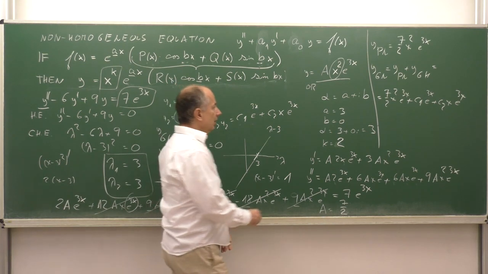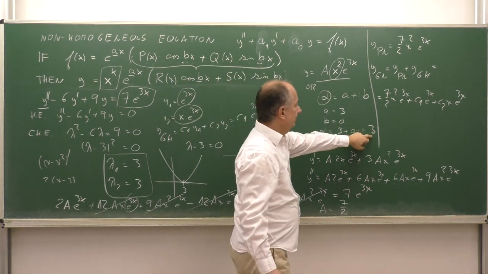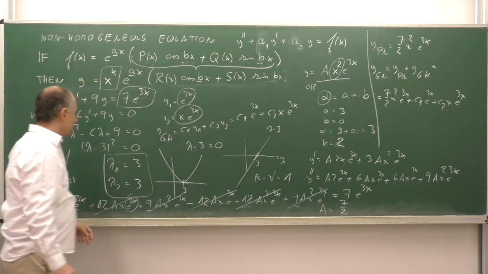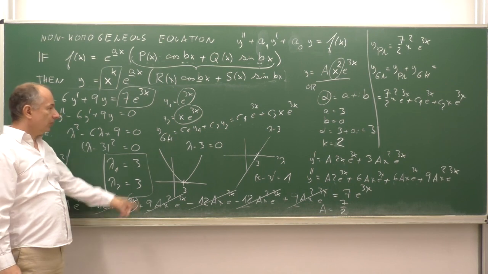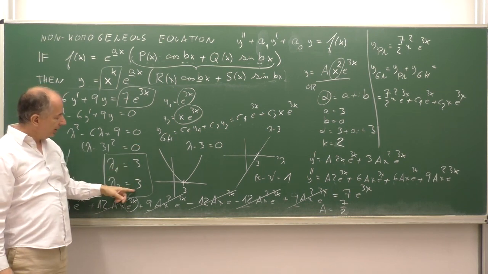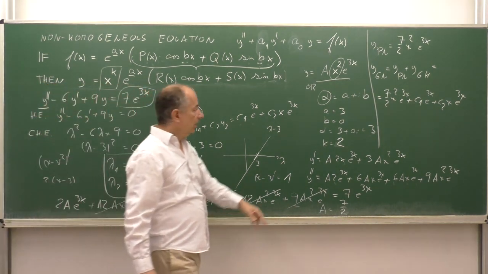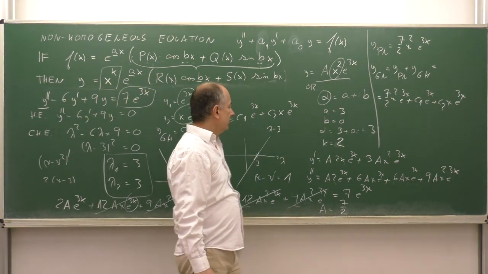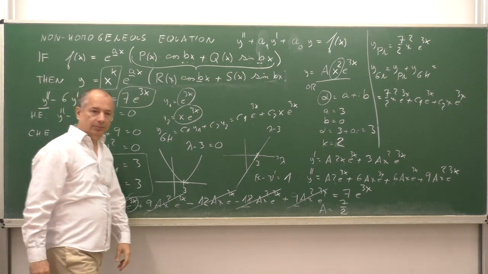Alternatively, we build a number alpha, and we look whether this value alpha, 3 in this case, is or is not in the list of roots of the characteristic equation. In this case, it turns out that 3 is a double root of this equation, and if it is a double root, then we must consider k is 2, and we must multiply by x squared.